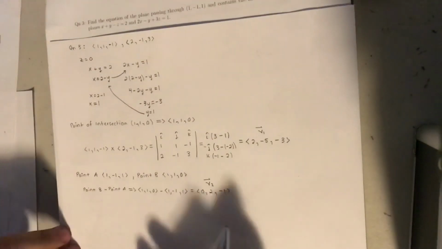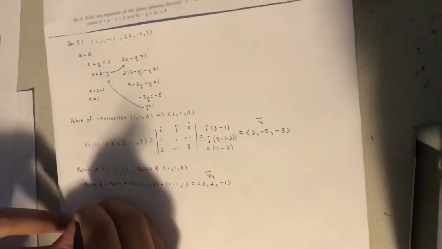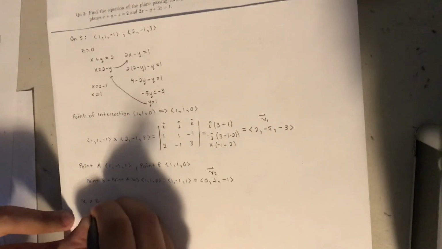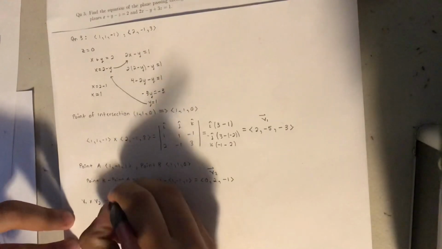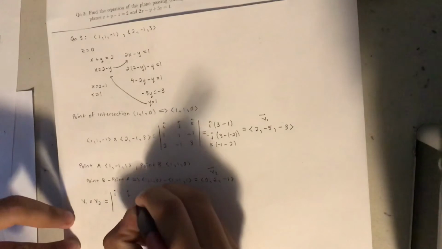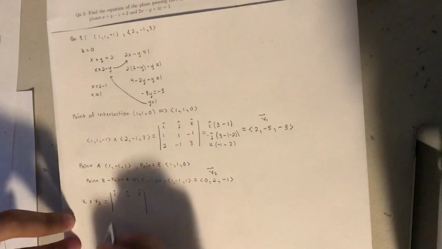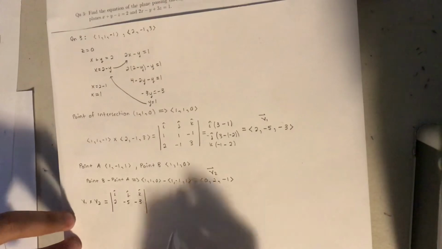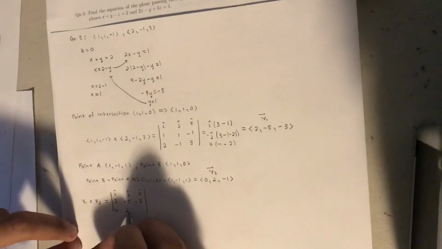So we take the cross product of the two vectors. v1 cross v2 equals the determinant with i, j, k, then 2, -5, -3, and then vector 2, which is 0, 2, -1.